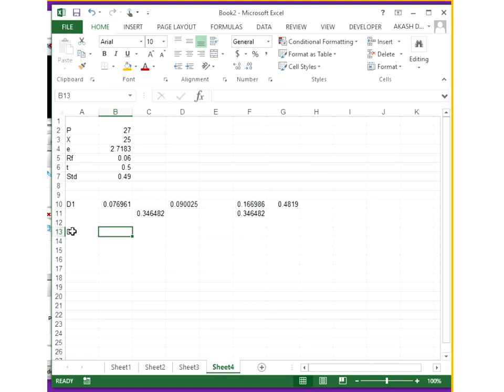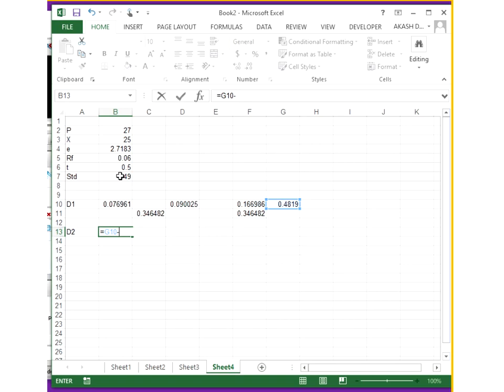D2 is now D1 minus sigma multiplied by the square root of T. So D1 is this number here minus sigma, which is 0.49, multiplied.